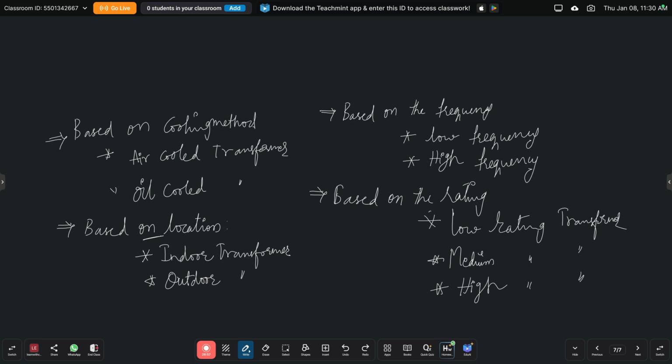Based on the purpose of transformer, specially we are going to represent Scott connection transformer, pulse transformers, auto transformer, double star connection transformer, double delta connection transformers. These are the classification of transformers.